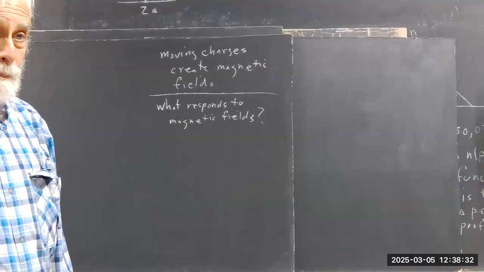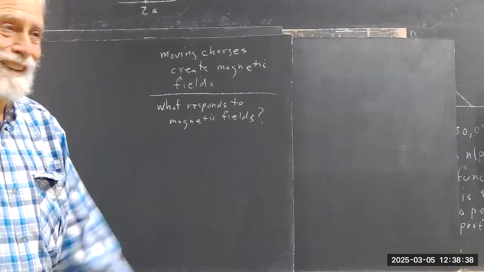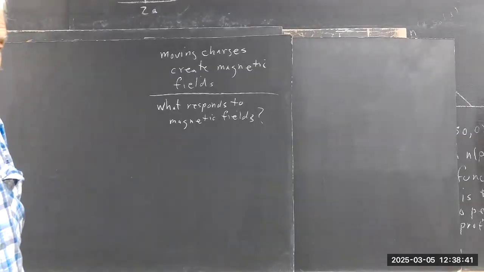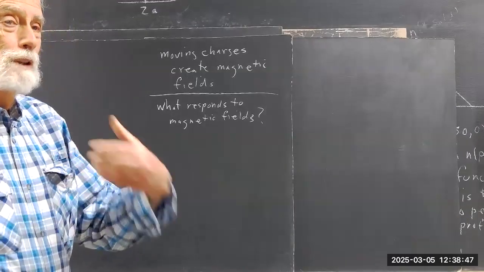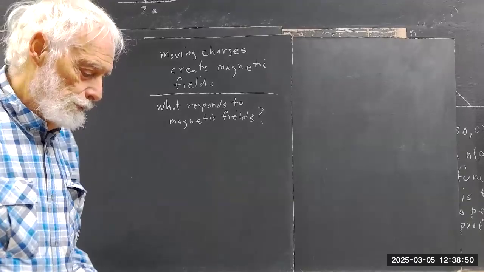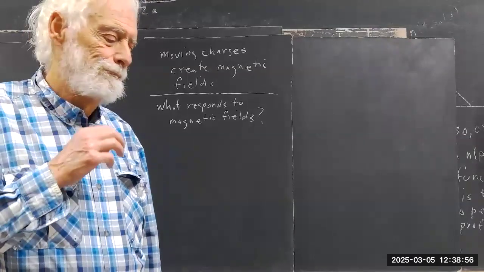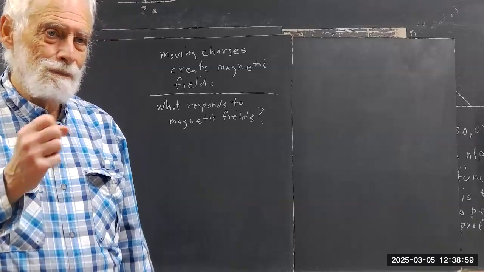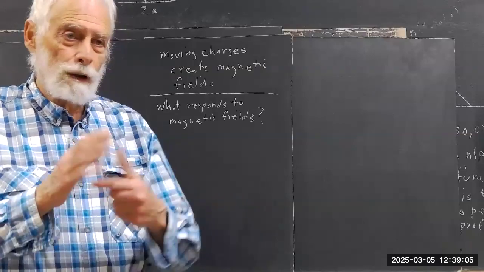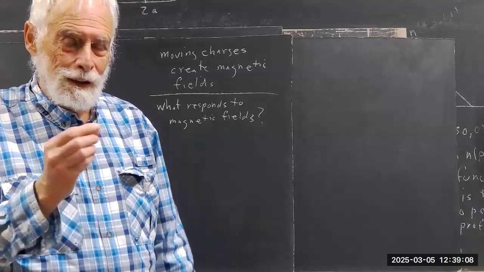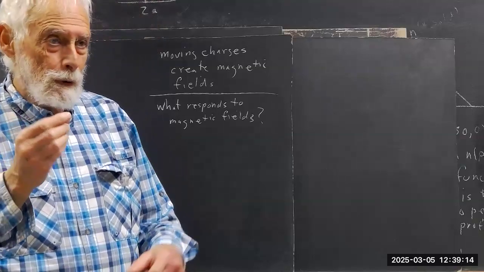What responds to magnetic fields? Well, the answer I got was, well, magnets. Yeah. The magnet will respond to a magnetic field. These wires will respond to a magnetic field. Magnetizable materials respond to magnetic fields. And the reason is the magnetic domains, which is, just think of clumps of atoms that are oriented so that there's a net magnetic field in those little clumps.